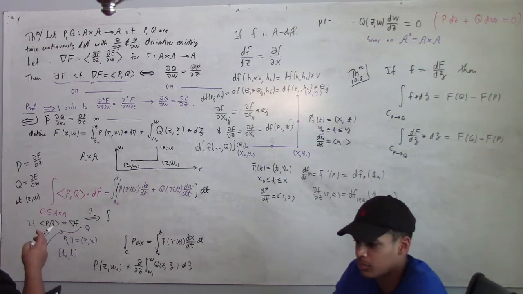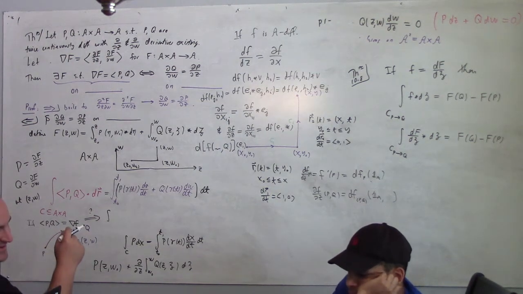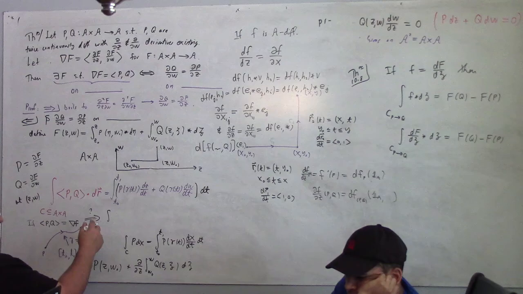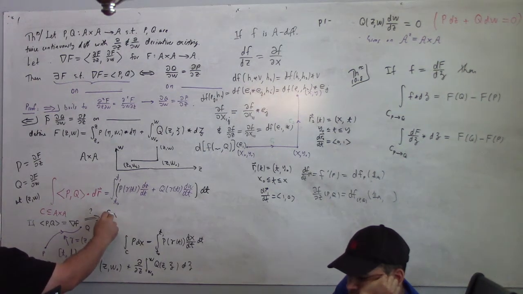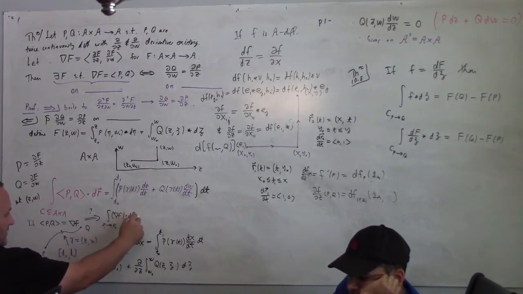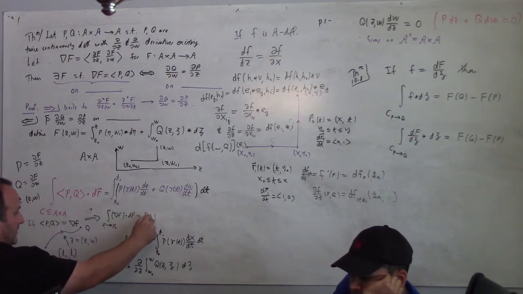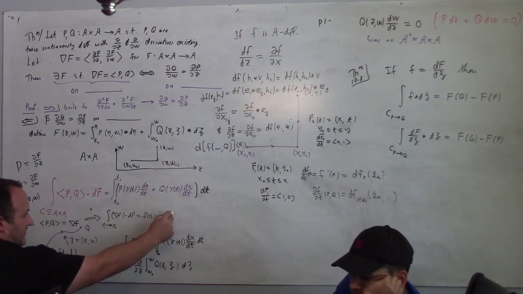Unfortunately, I've already used P and Q, which are my go-to endpoints. So let's say P1 to P2, a curve that goes from point 1 to point 2. Is this equal to f of P2 minus f of P1? What do you think?